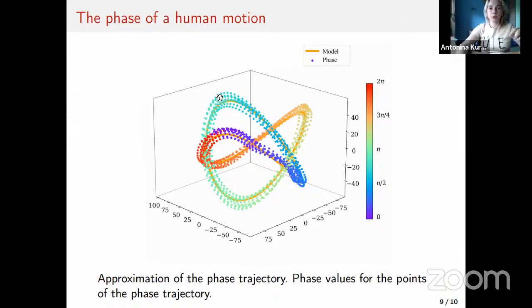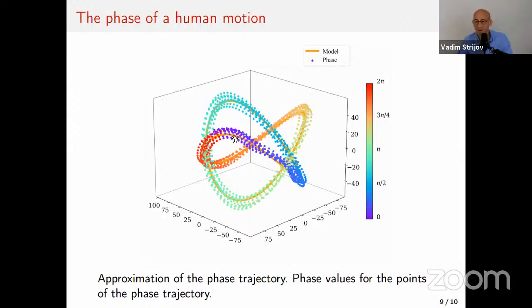So we can take the difference between points of the phase trajectory, from all points to the mean trajectories that approximate our trajectory. Okay, thank you.